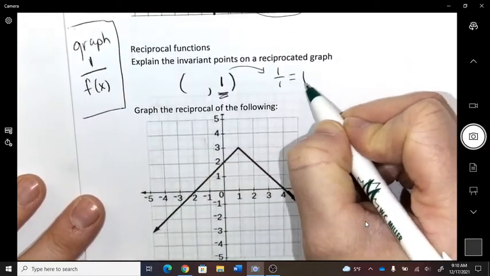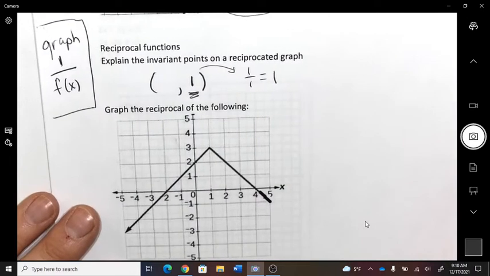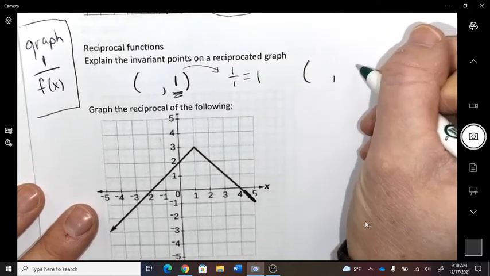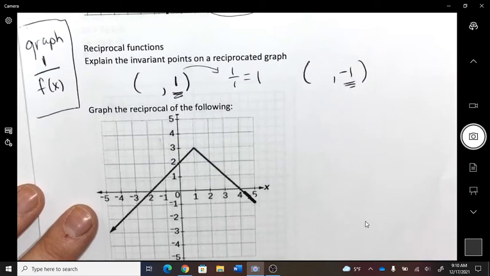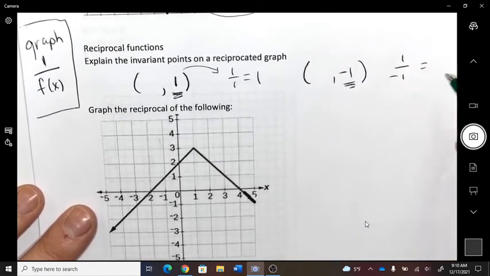Because 1 over 1 doesn't change, right? Or what else could happen with your point? If the y value is negative 1. Because if you reciprocate it, guess what? Same number.